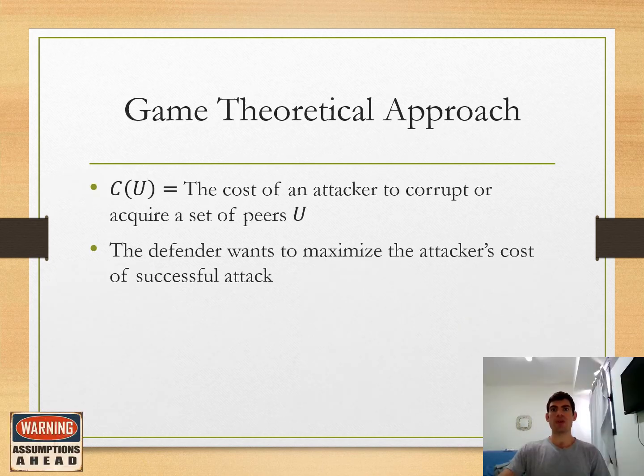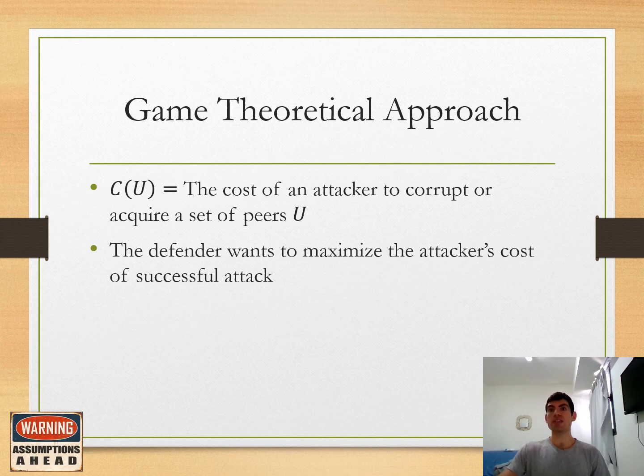In our paper, we take a game-theoretic approach to overcome the isolation attack. On the basis of our approach, we assume that an attacker has a cost to establish peers in the network. As an example, intuitively, it might be hard for the attacker to create a peer that is very close, which means low ping RTT, to the defender.